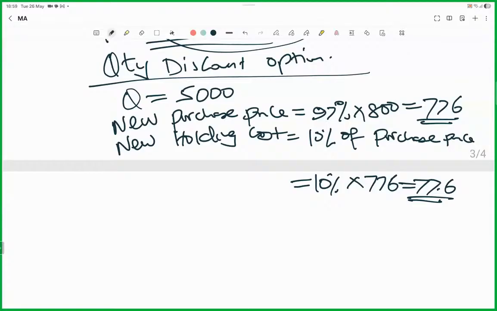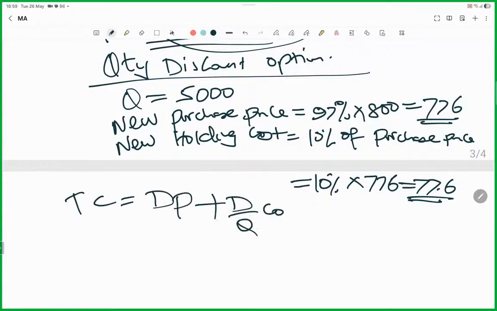So go ahead and ascertain the total cost, which will be DP plus D over Q, CO, plus Q over 2, HC, like that. You may forget about every other thing we have learned today, but this formula shall always be remembered. This formula is so important for us. It's only useful whenever we are given a discount in a question.